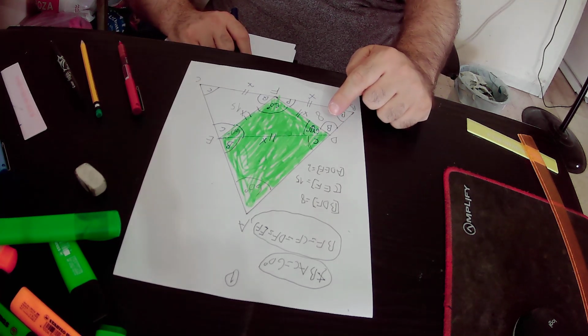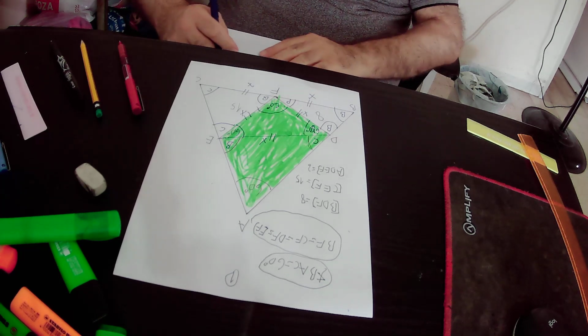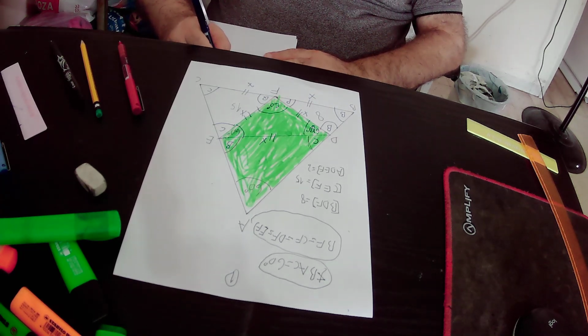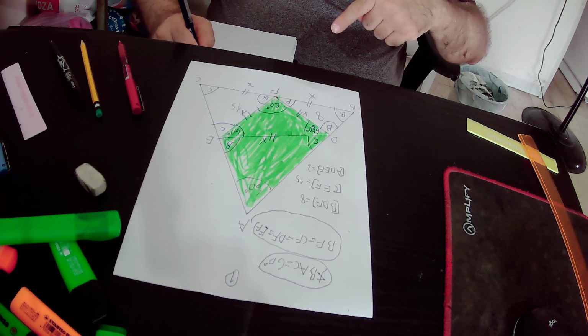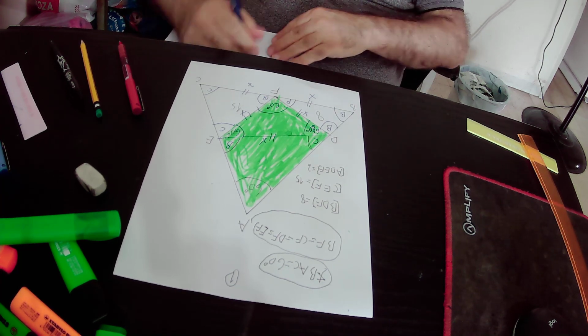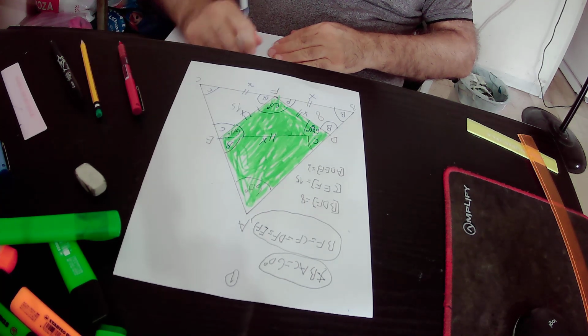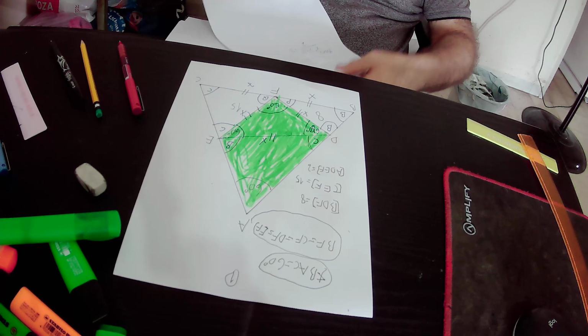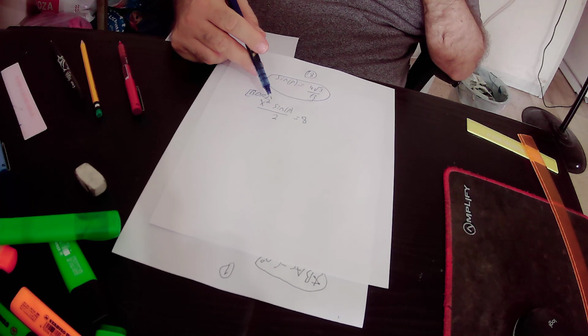The area of triangle BDF equals x squared times sine P over 2.